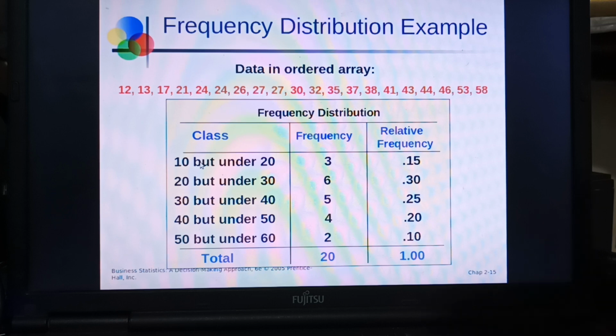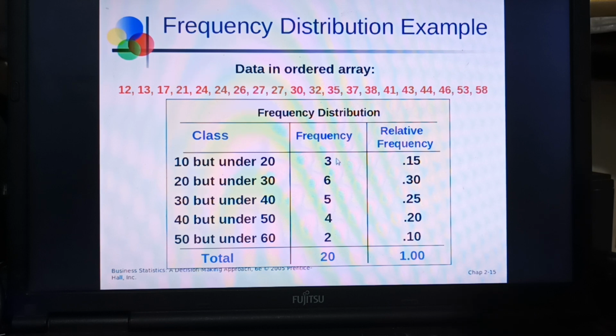Class would be something like this. Class 1 might be 10, but under 20, meaning that's 10 up to 19. Then 20 up to 29, 30 up to 39, 40 up to 49, 50 up to 59.